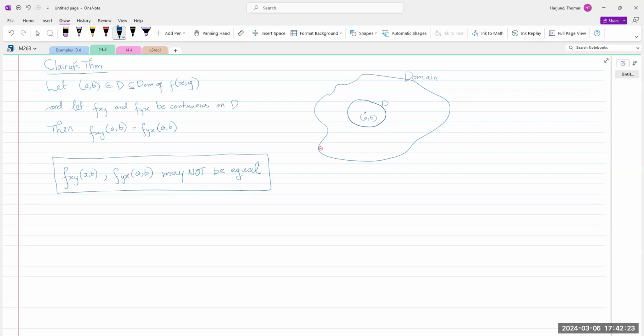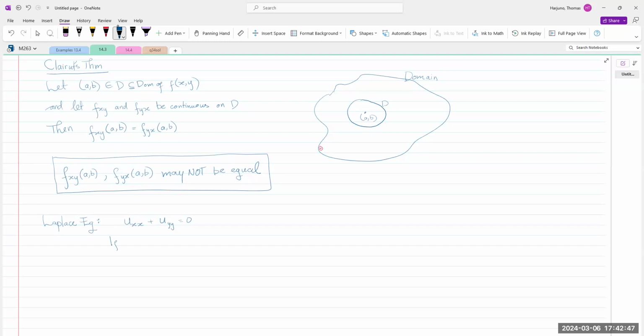An example of the use of partial derivatives is, for example, the Laplace equation. The Laplace equation is u sub xx plus u sub yy equals 0.